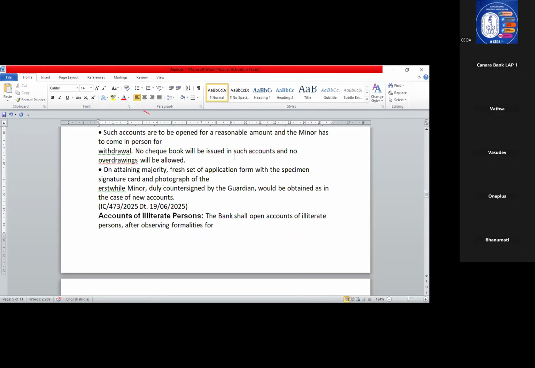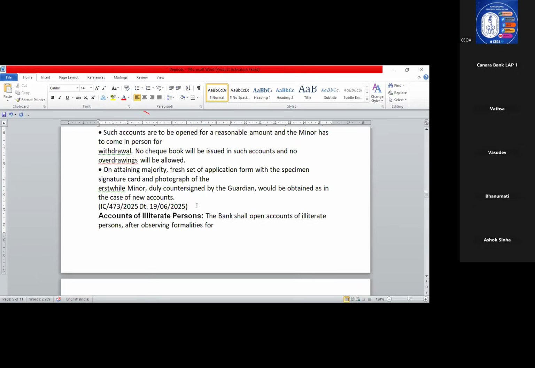Okay, such accounts, no checkbook should be issued and no overdrawings will be allowed, on attaining majority. They all, these things, up to 10 years are operated by the guardian and above that one is operated by self. See, operated by the guardian means we are opening the SB Champ 109 account.